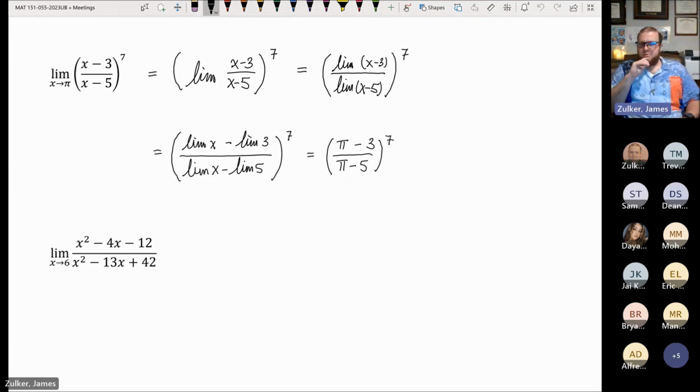Okay, so the limit as x approaches 6 of x squared minus 4x minus 12 all over x squared minus 13x plus 2. Do direct substitution and see what you get.